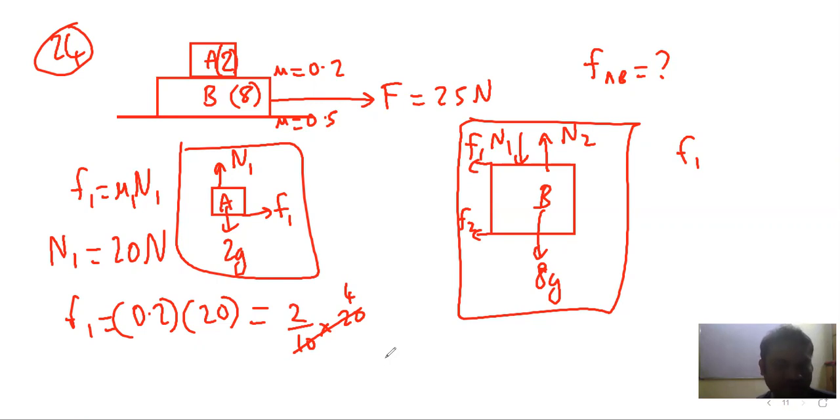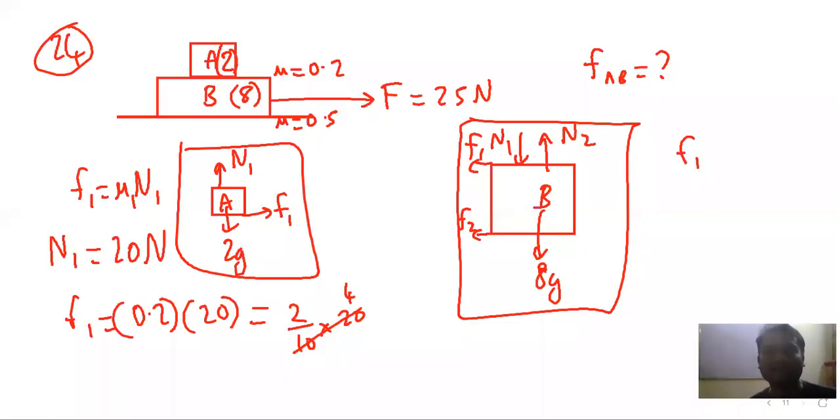So in this case, we have 4 Newton friction in question number 24. The closest option will be 3.9. So in question 24, let us find the value of friction. Now if I find the value of N2, it will be nothing but 10g, which is 100 Newton.